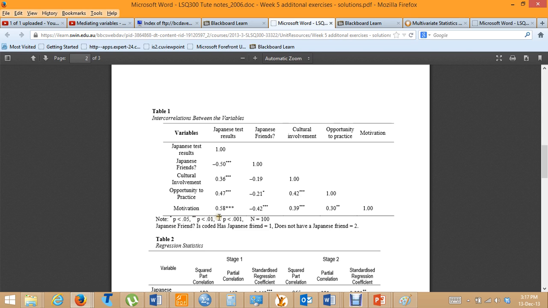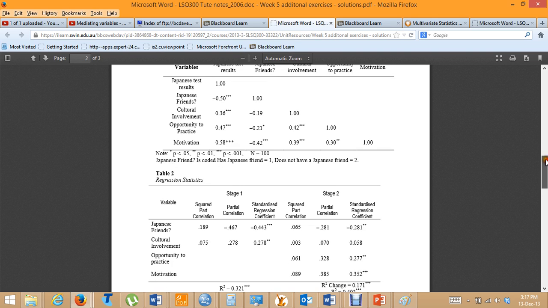If it has 3 asterisks next to it, then the p-value is less than 0.001. So you can see all of these have p-values less than 0.001. This one is less than 0.05, and this one is less than 0.01. There's also a little note there stating how Japanese friend has been coded because it's a dichotomous variable.